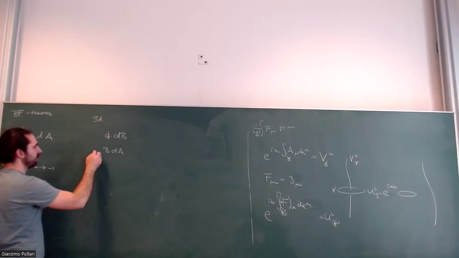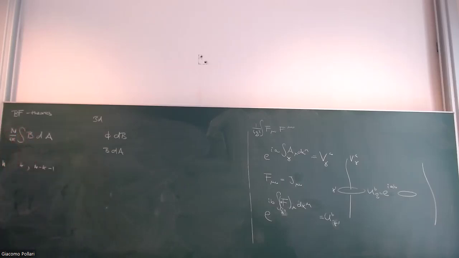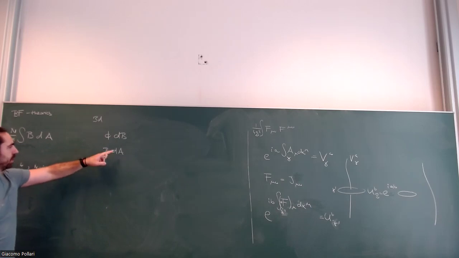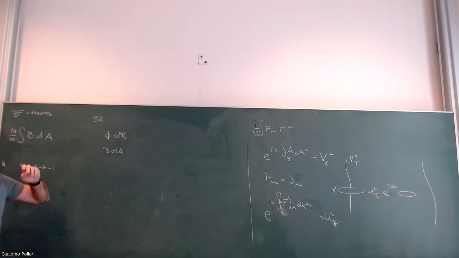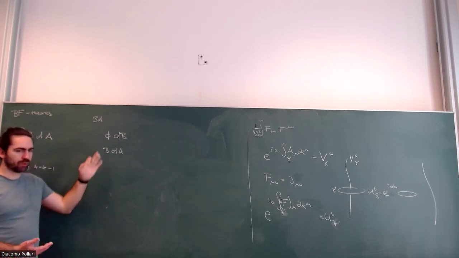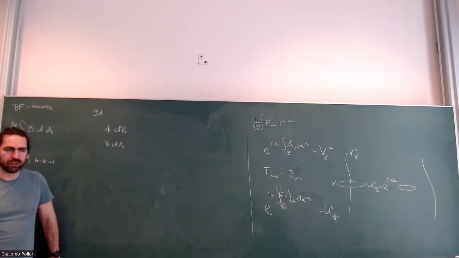Okay, so let's look at these 2 types of theories, because they are interesting. So what will be crucial is that these B's and A's will be something like connections. Technically, the 2-form will be a bit of a gerbe connection, yeah.